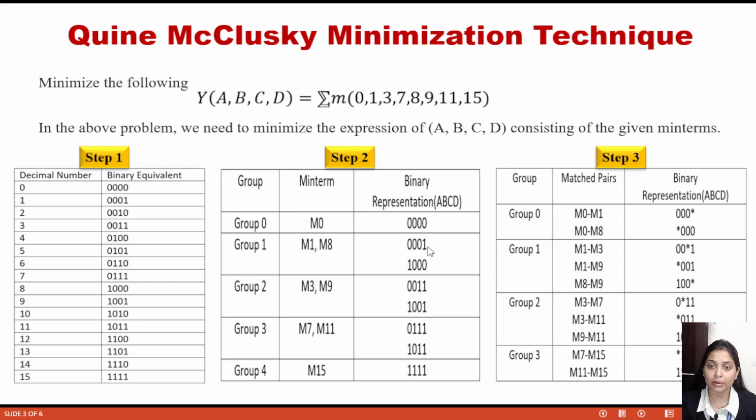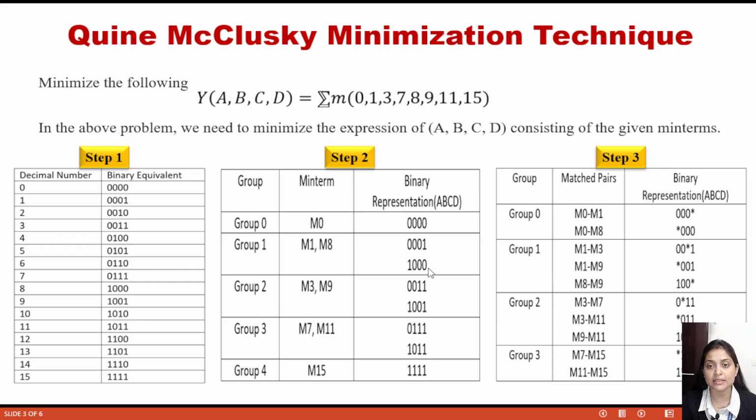So there is a one bit change. We will write the binary representation this way: 000 star, where at this position the one bit change has occurred. Now we will again compare m0 to m8. m8 is 1000.